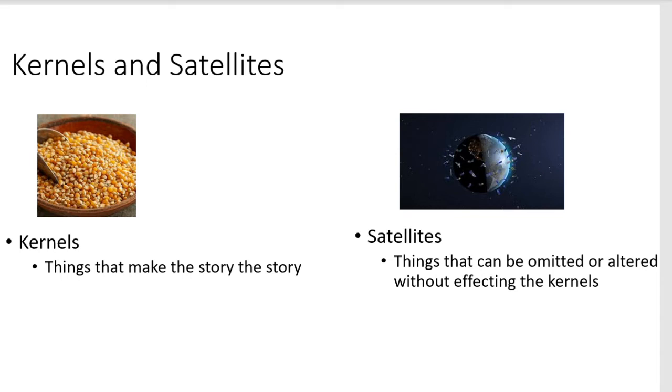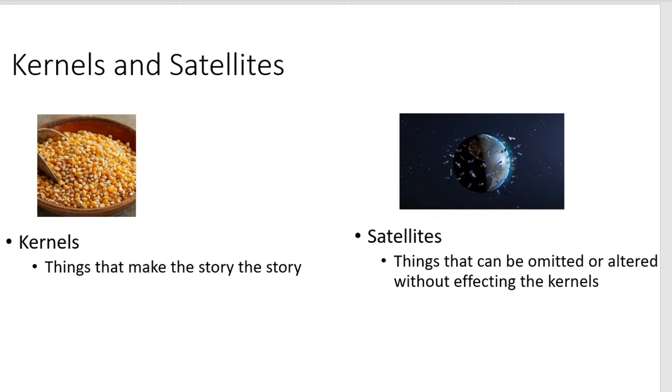No matter how you retell Little Red Riding Hood, there has to be a bad guy who meets Little Red Riding Hood somewhere and then rushes ahead to do something bad to another person. Those are the key elements that make Little Red Riding Hood Little Red Riding Hood. You can't have that story without those key plot points, those key moments. And these are the kernels of the story.